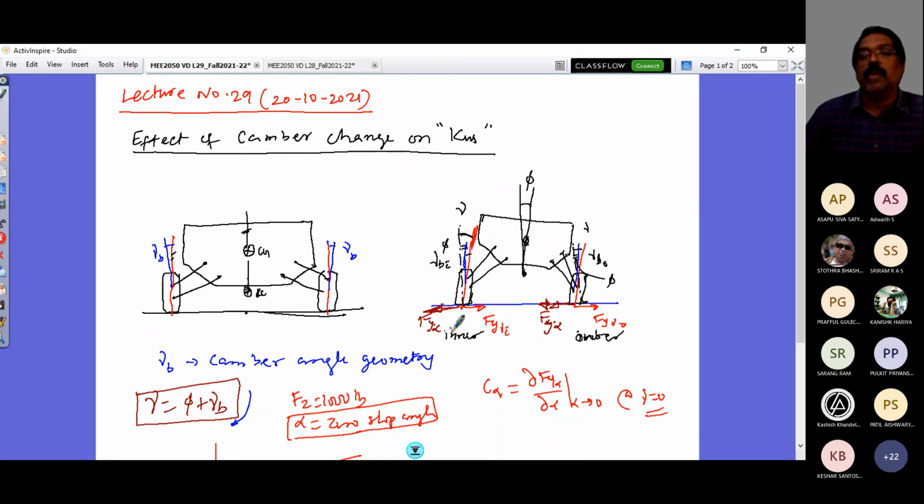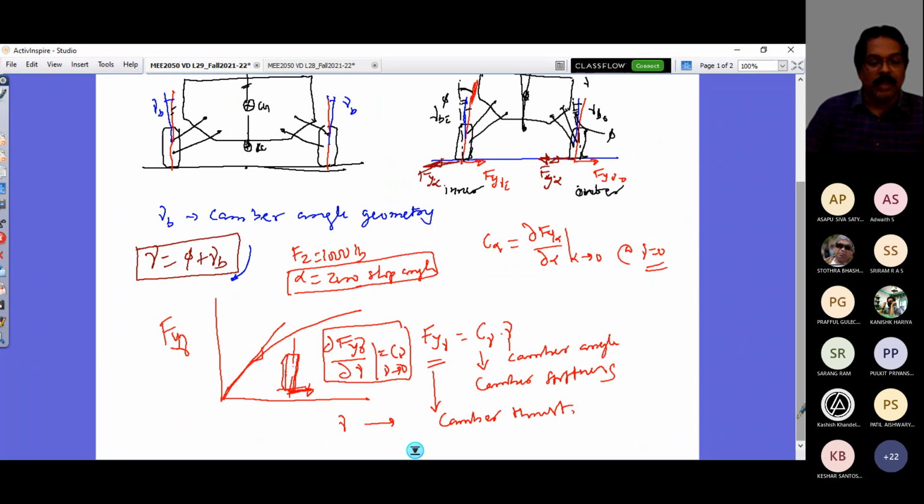Jounce and rebound represent the roll of your vehicle body as well as the change in camber. Both are responsible for the total change in camber, and when you account for that, you have your values like that, right? So this is one part of that.